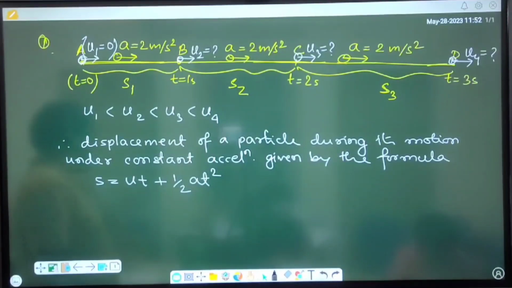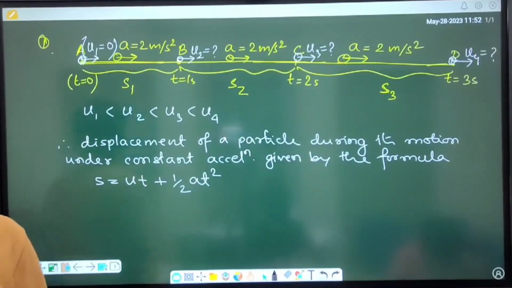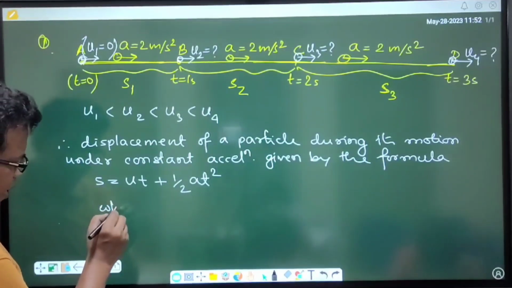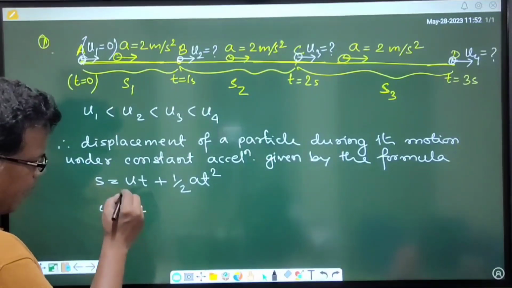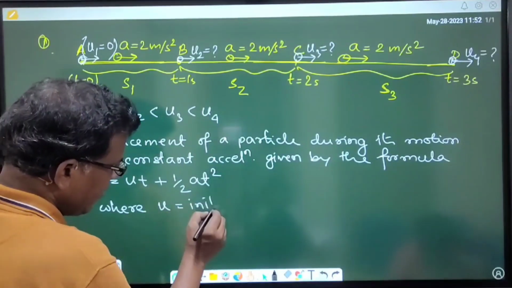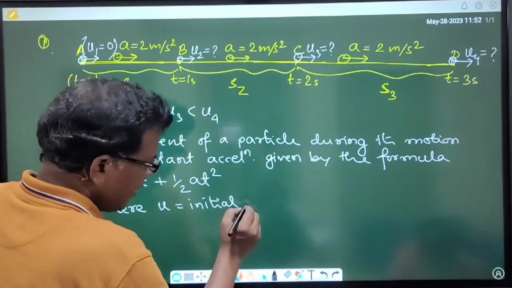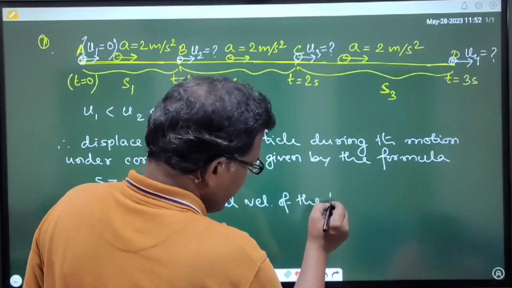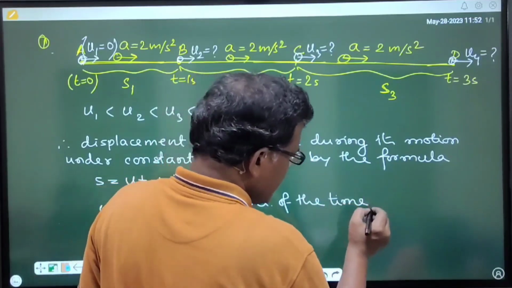This is the displacement finding formula for a particle when it is moving under constant acceleration, provided we know t as the time duration. So I can further explain the terms: u is the initial velocity for the time duration t.